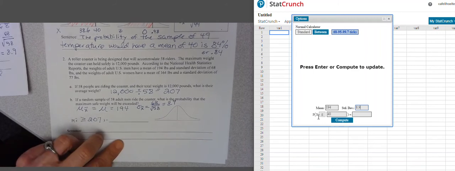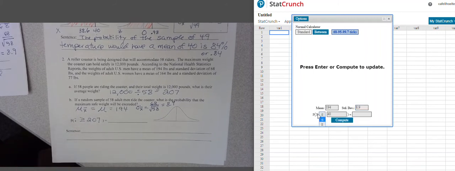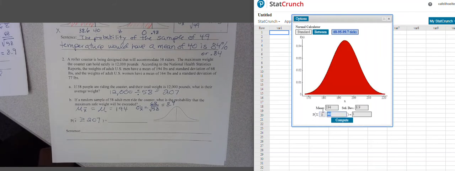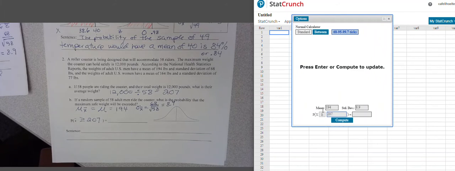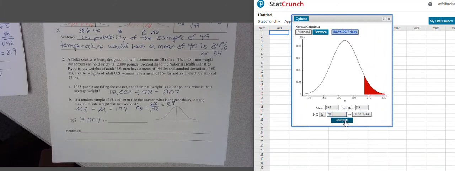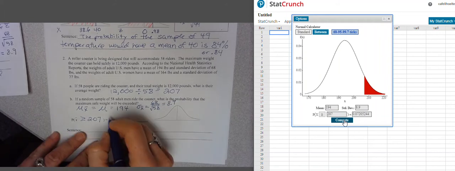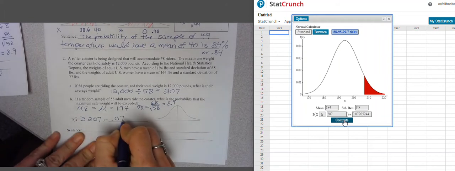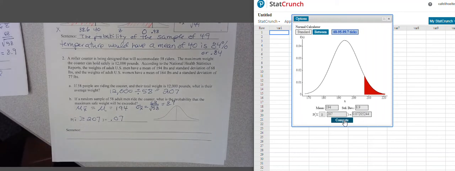And then we want to know the probability, this should actually be X bar, that the mean of our sample is going to be greater than the 207 pounds. And it looks like there's a 7% chance, so 0.07, that the maximum weight could be exceeded by those 58 men getting on that roller coaster.